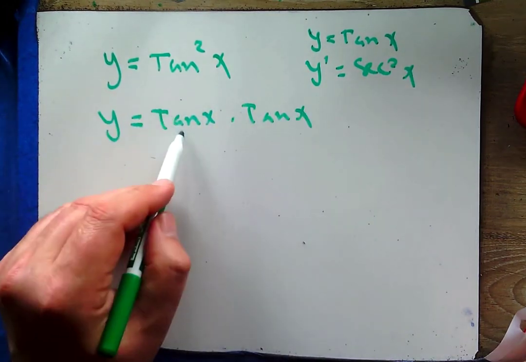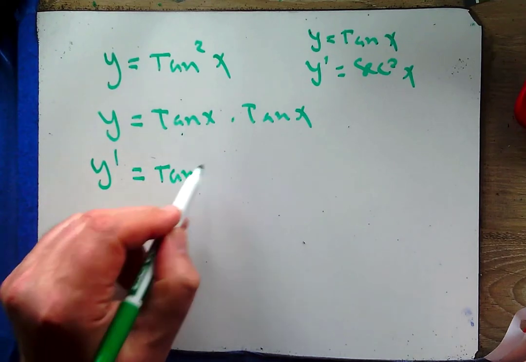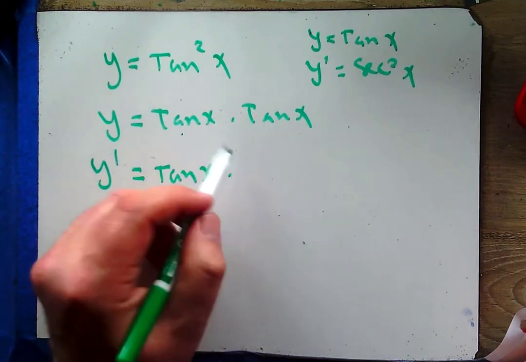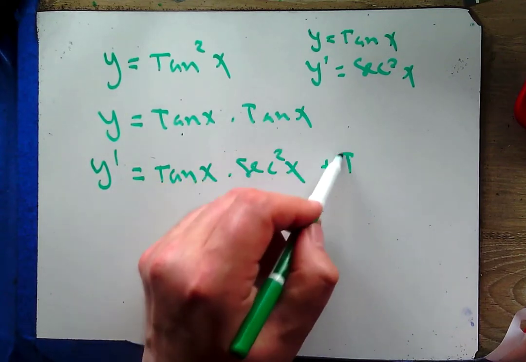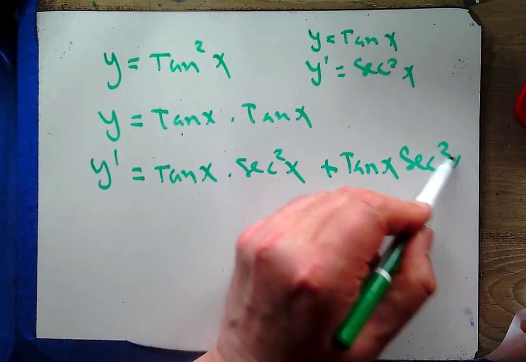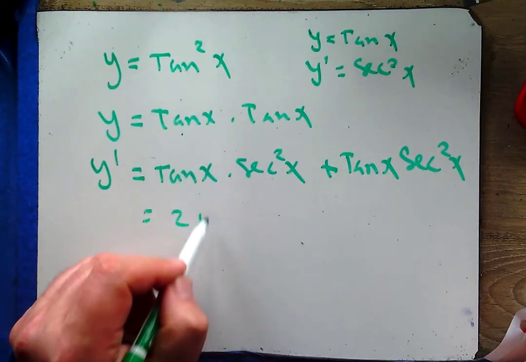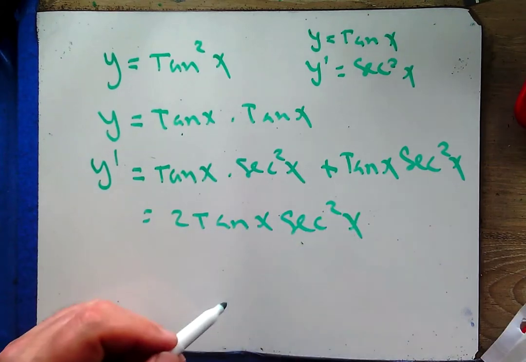So, this times the derivative of that, plus this times the derivative of that. And so I end up with 2 tan x secant squared x.